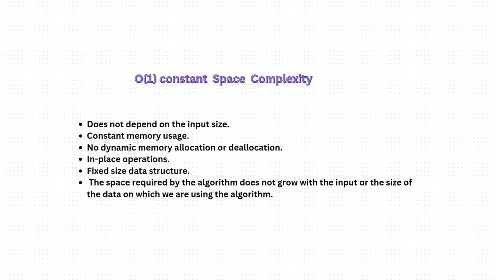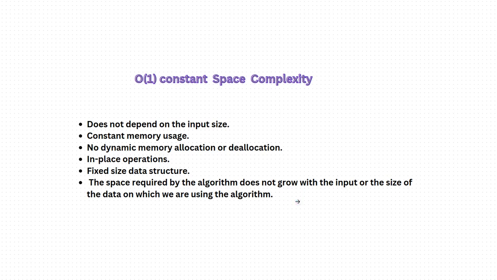So that is an example of in-place operation. Okay, the next one you will see is fixed-size data structure. So overall, the space required by the algorithm does not grow with the input size or the size of the data structure on which we are using the algorithm.